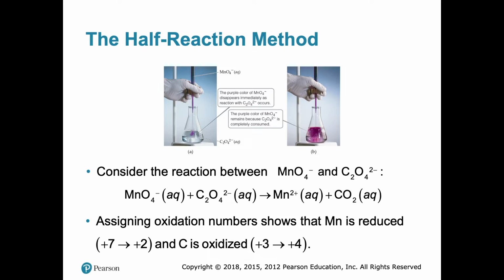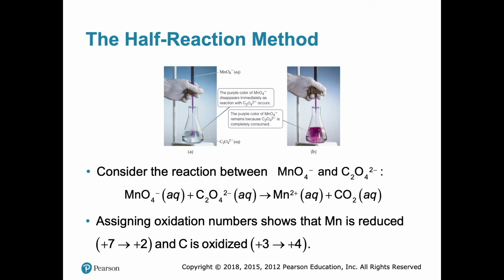And then carbon went from a +3 to a +4, so it got oxidized, which is interesting because you already know from previous lectures that when you add on oxygens, that's automatically an oxidation anyway, right? That's why we call it oxidation, right? And so in this reaction, manganese is the one that's getting reduced, carbon is the one that's getting oxidized, right? And those are the oxidation numbers, okay?